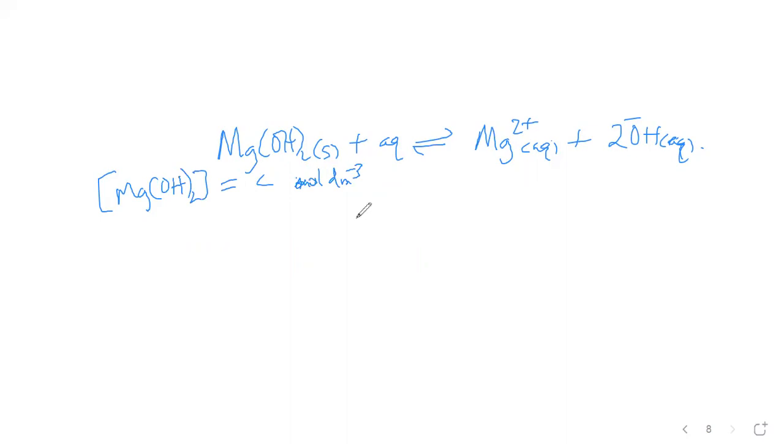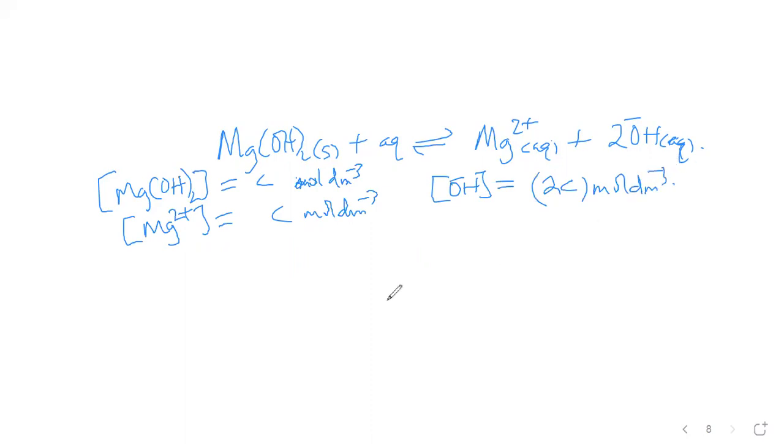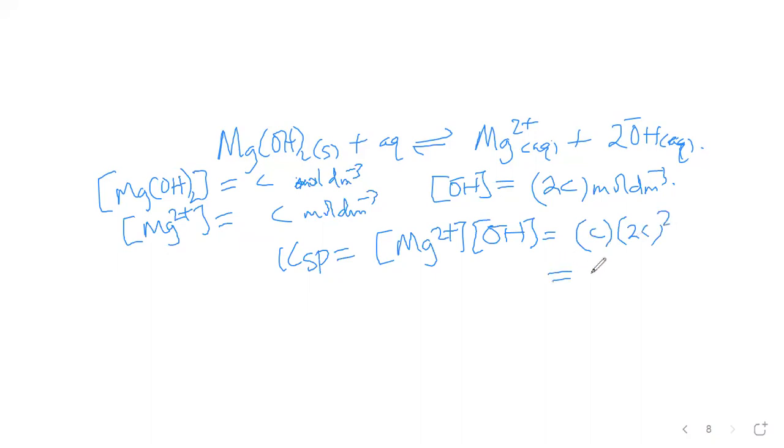I'll not go through the details, but according to molar concentration, the molar concentration of magnesium ion is also C, moles per liter, and the molar concentration of hydroxide ions will be 2C. Are we together? Yes, teacher. Such that our Ksp is equal to concentration of magnesium ions times concentration of hydroxide ions squared, which is equal to C into 2C squared, which gives us 4C cubed, moles cubed per liter cubed, as our solubility product.